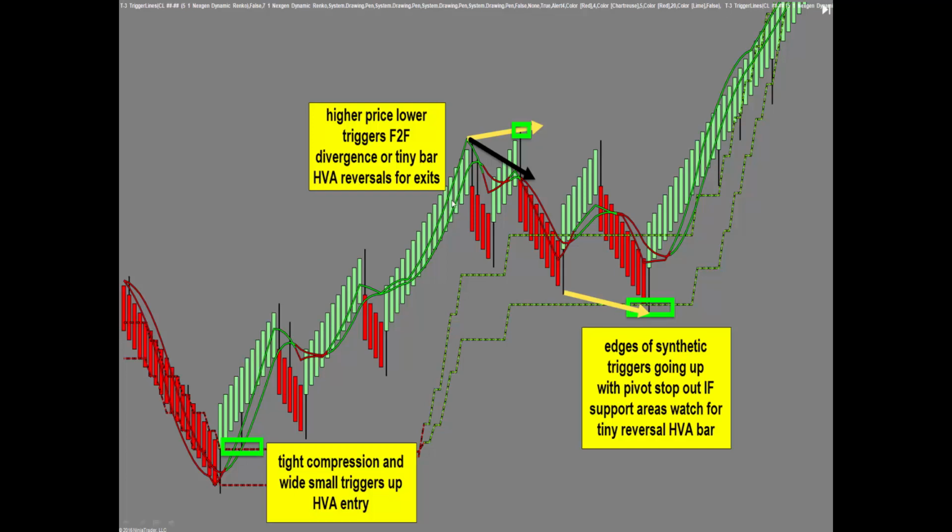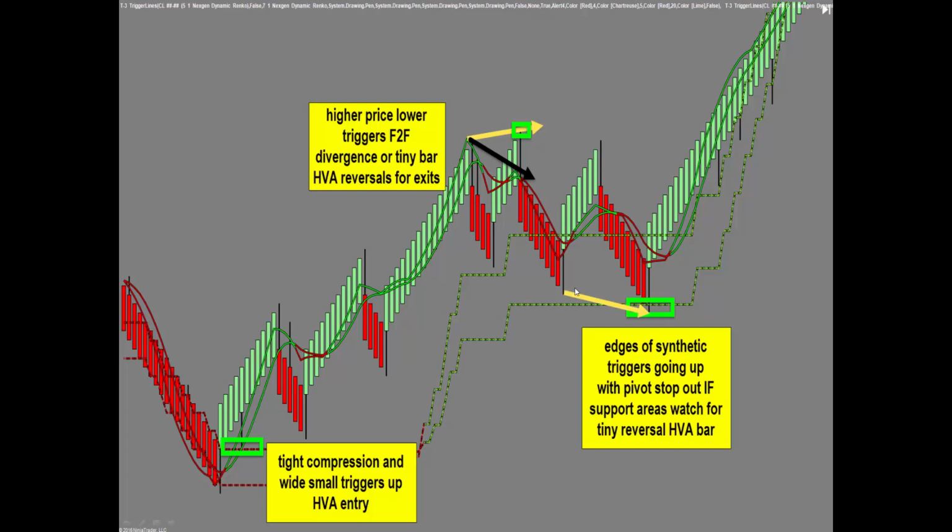Then as the market progresses up, you'll see our small trigger divergence here. This is where maybe our fib to fib oscillator has divergence potential, but you can really see the new high price, lower triggers. That's a look where you're going to want to exit your long trades.